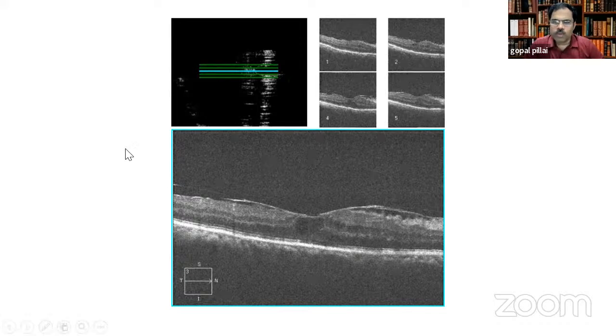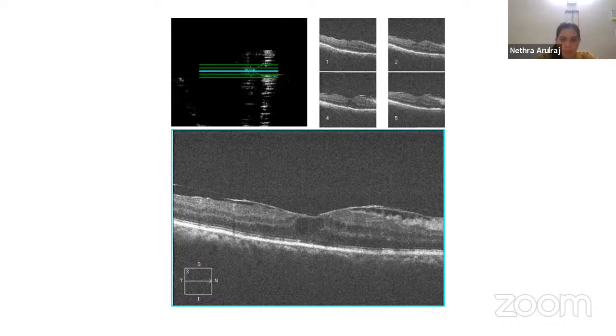Okay. So, can you come to this particular photo? This OCT is showing a hyperreflective membrane on the surface of the retina with a cyst at the level of the fovea, showing a mild alteration in the foveal contour with mild thickening of the inner retinal layers.